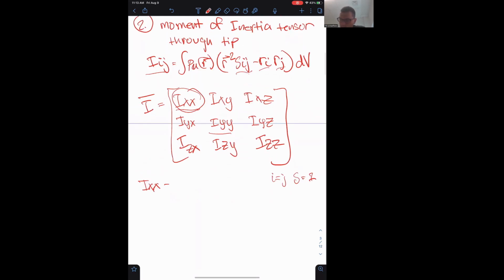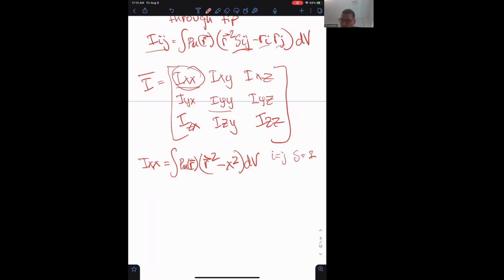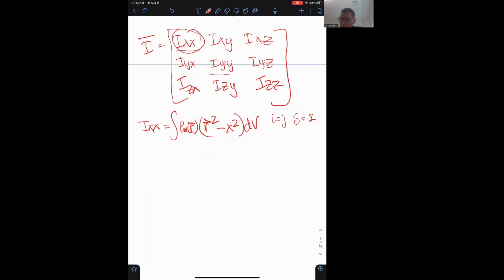So we have the density, we have an r squared because the delta function hits, then we have an x squared here, and then the volume element. So that's Ixx. To actually solve this, we're going to use cylindrical coordinates again.